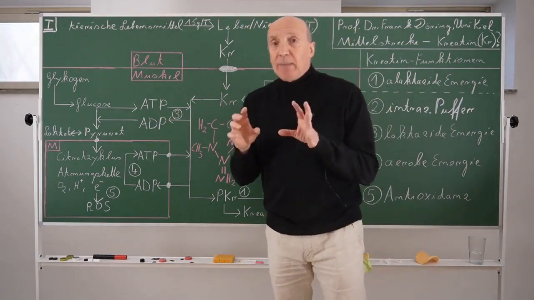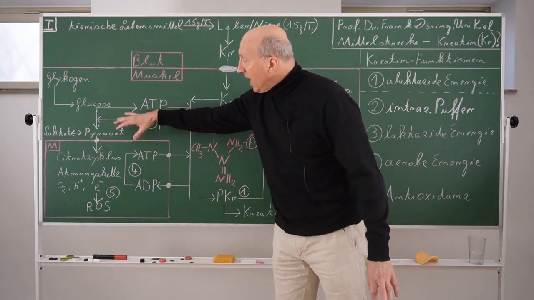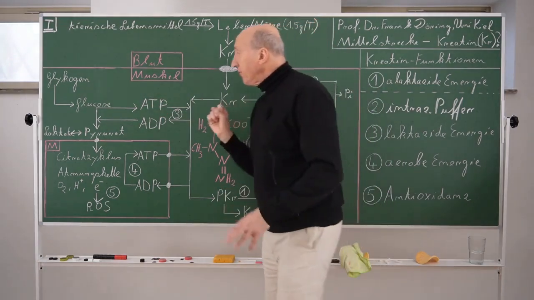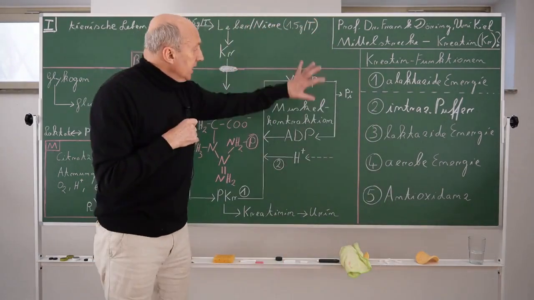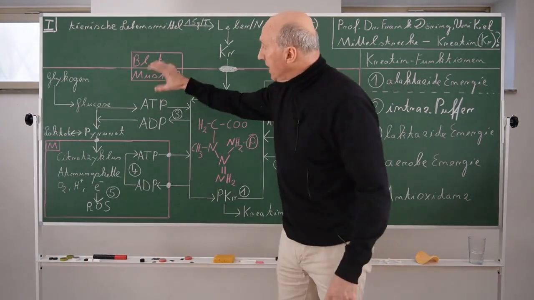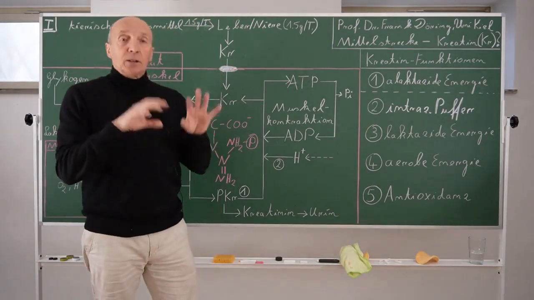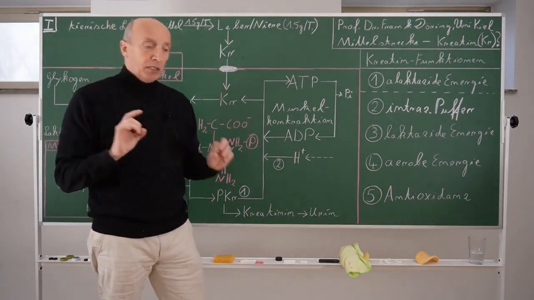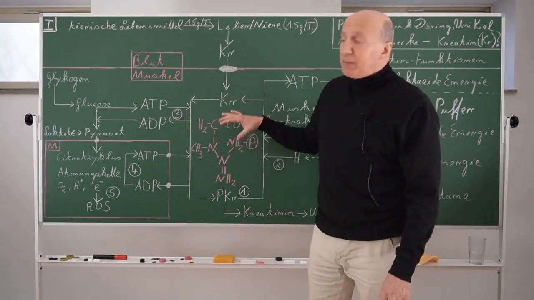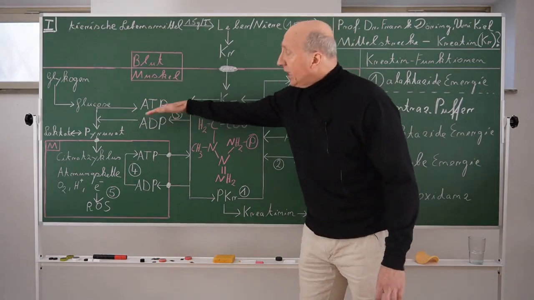Now the problem is that ATP formation here in anaerobic glycolysis takes place elsewhere locally than muscle contraction. This means that the synthesis of ATP and the consumption of ATP are spatially separated, and here now the creatine system serves for transporting energy to the place of consumption.